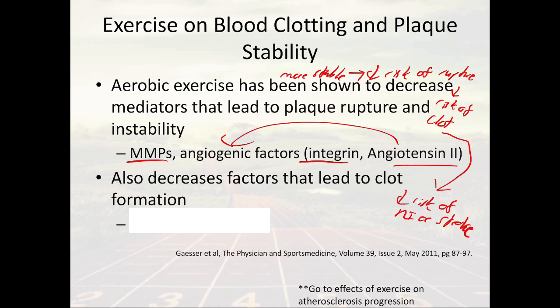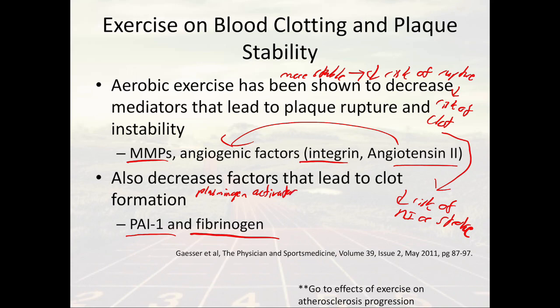Okay, and then we also see that some factors in the blood change with exercise too, so the factors that lead to clot formation. So we get decreased levels of fibrinogen, decreased levels of PAI1. That one is kind of a tricky one to understand. It's called plasminogen activator inhibitor.